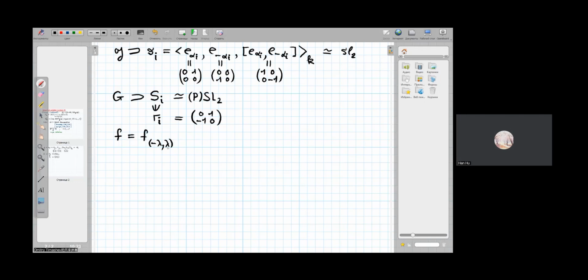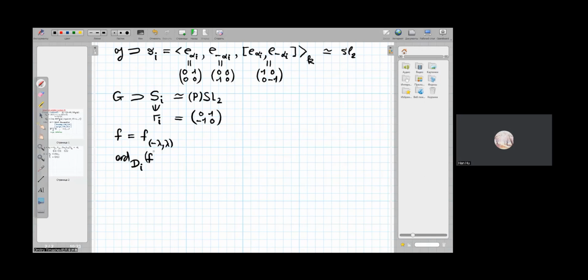We have described these functions in the previous lecture. And what I want to do is compute the vanishing order of this function along any of the colors. So I want to compute this vanishing order.